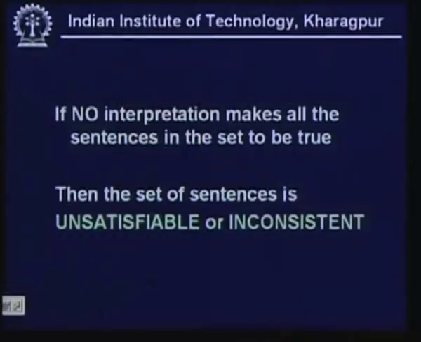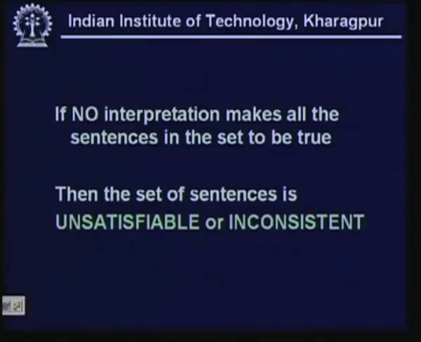Now, if there is no interpretation that makes a sentence true, then that sentence is called unsatisfiable or inconsistent. If there is no interpretation that makes all the sentences that you have in a set true, then that set of sentences is inconsistent, or unsatisfiable.